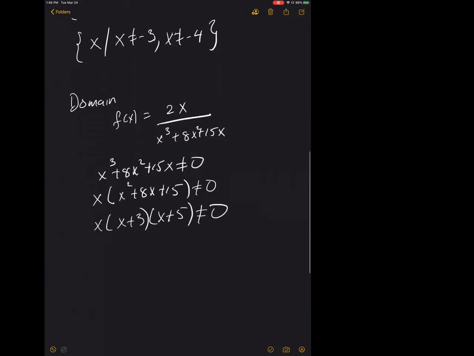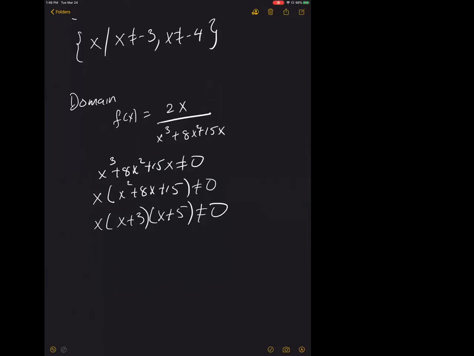And so my domain is x cannot be 0, x cannot be negative 3, x cannot be negative 5. Again, this is set builder notation: x such that x cannot be negative 5, x cannot be negative 3, x cannot be 0.